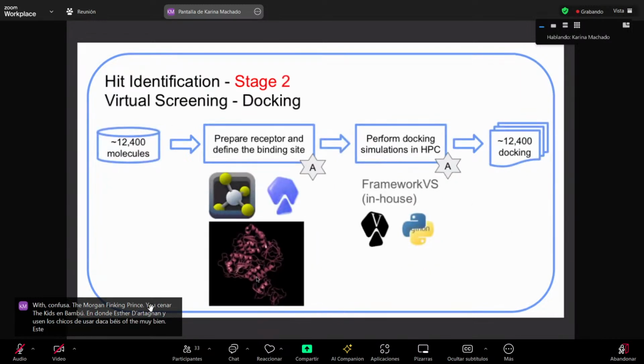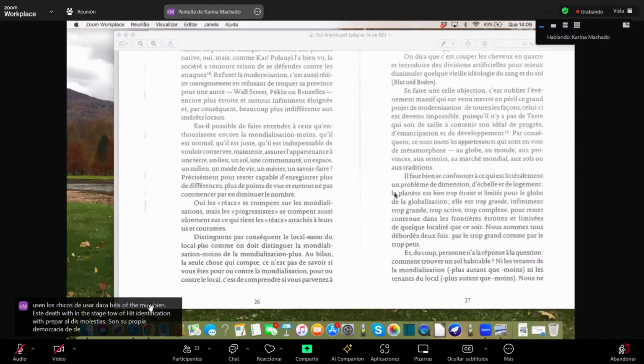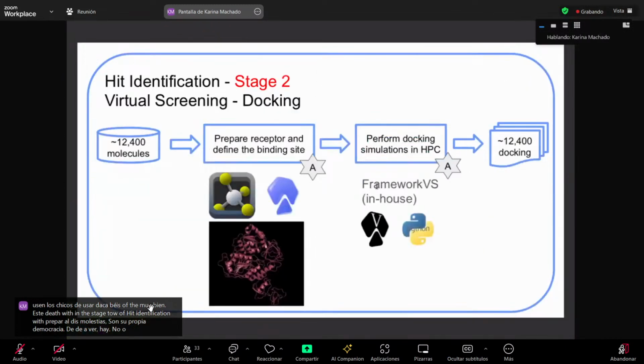After that, in stage 2 of hit identification, we prepared all these molecules for docking simulations. We prepared the target protein, the NSP13, and then we performed the docking simulations in a cluster environment, and we generated the 12,000 docking results.